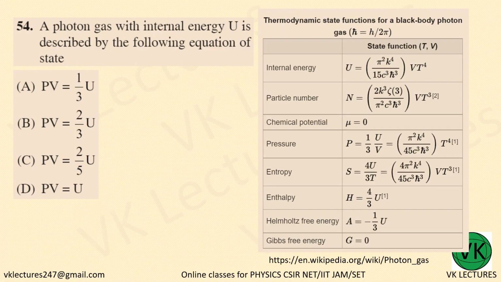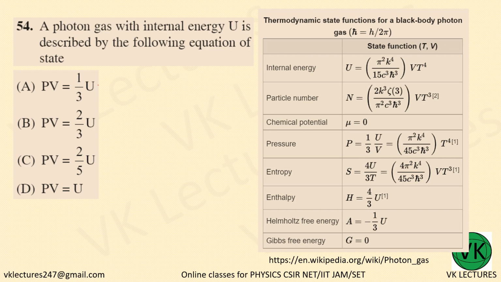A photon gas with internal energy U is described by the following equation of state. Now, on the right hand side, what you are seeing is the thermodynamic state functions for black body photon gas.